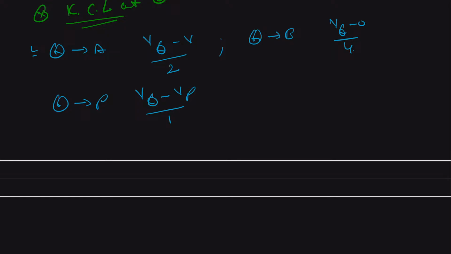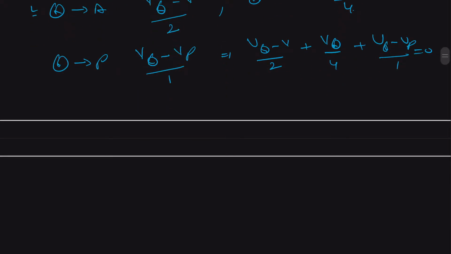And once again the algebraic sum will be equal to 0. So we can write this as our Vq minus V upon 2 plus Vq upon 4 plus Vq minus Vp upon 1 is equal to 0. And this is going to give us an equation that is our 7 Vq minus 4 Vp is equal to 2V.